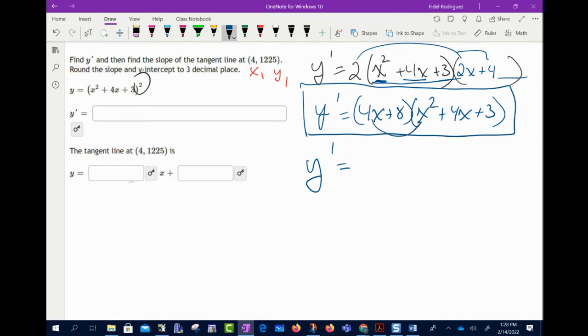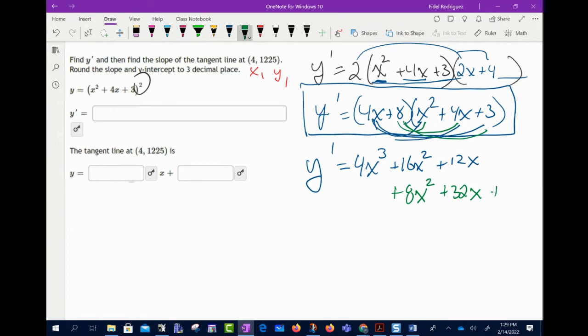What's 4x times x squared? 4x to the third. Okay. 4x times another 4x? 16x squared. And then 4x times 3? 12x. Good. We're going to play this game again, but with the 8. So 8 times x squared is 8x squared. 8 times 4x should give me 32x.